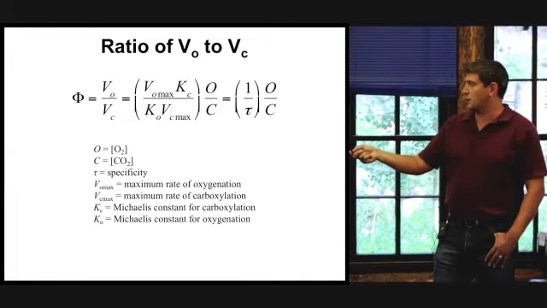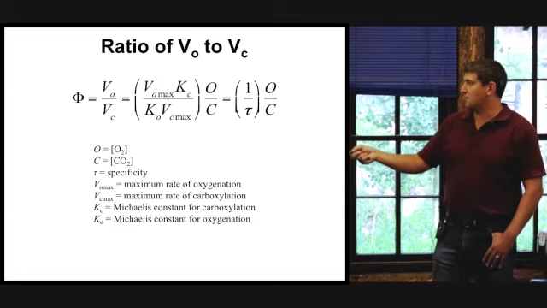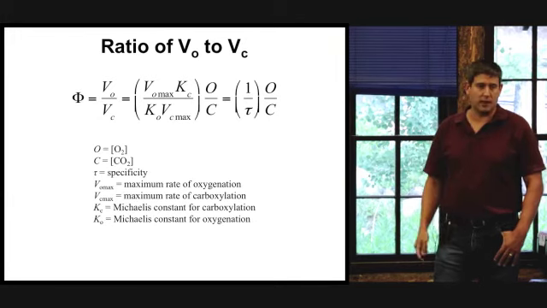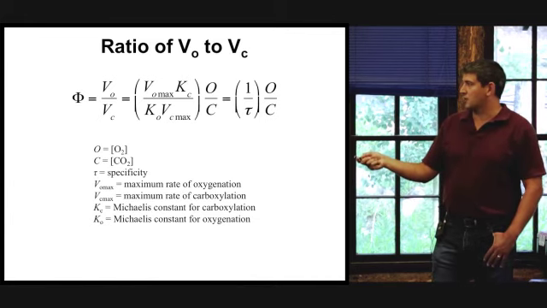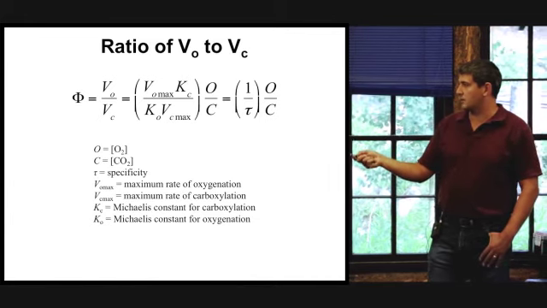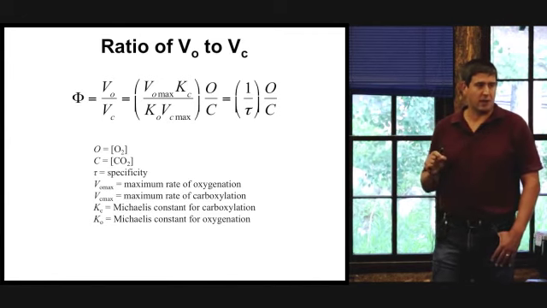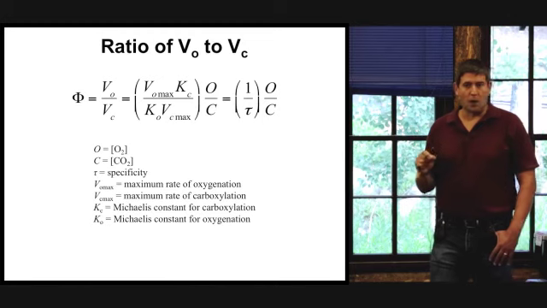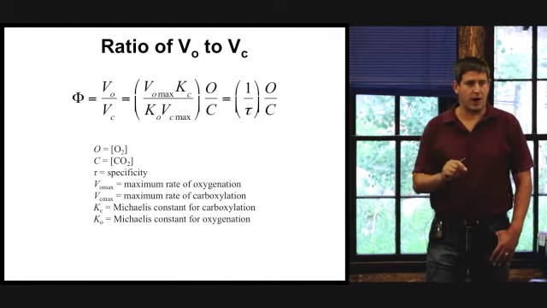And then we have our concentration of oxygen and our concentration of CO2. And this can be simplified even further to 1 over tau times O over C, oxygen over carbon dioxide. The reason why we simplify it like this, because this value here, tau, is intuitively easy to understand. It's specificity. What it represents is how specific is Rubisco for CO2 compared to oxygen.